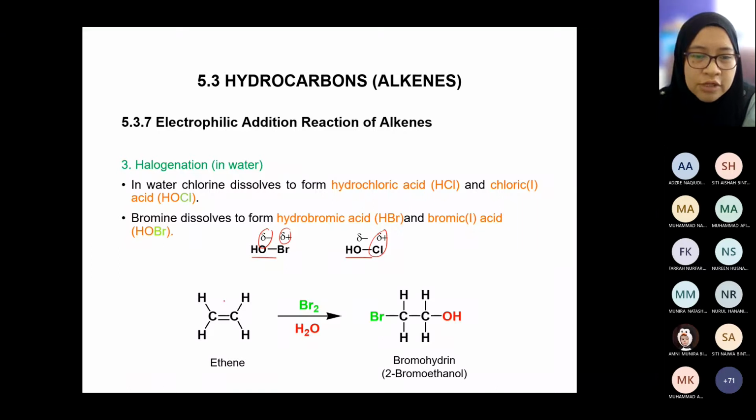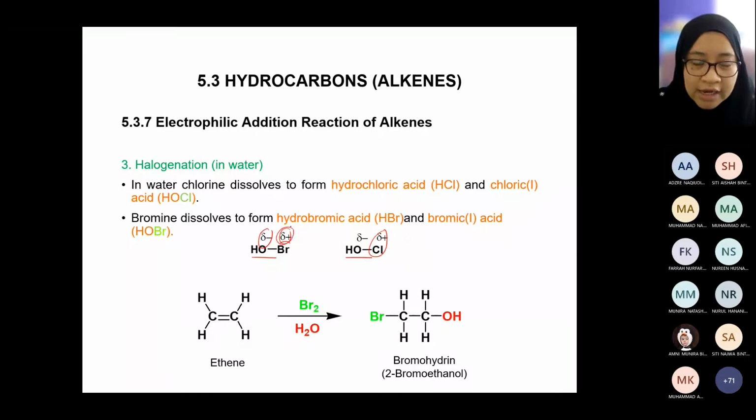Okay, I'm sure that by now you should know that alkene is also considered as nucleophile. Okay, because the density of electron is higher for alkene. So the nucleophile, the alkene, will attack the electrophile in HOBr ataupun in HOCl.